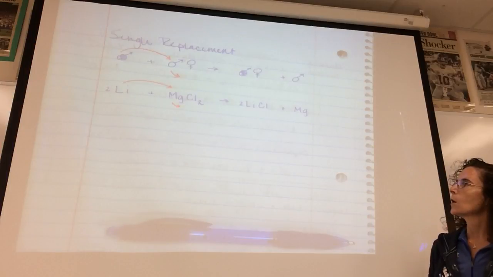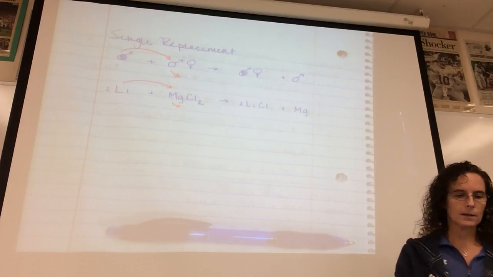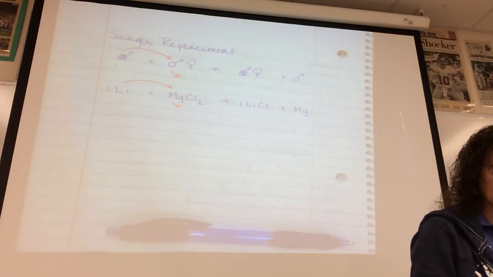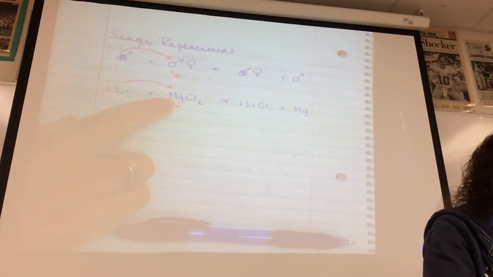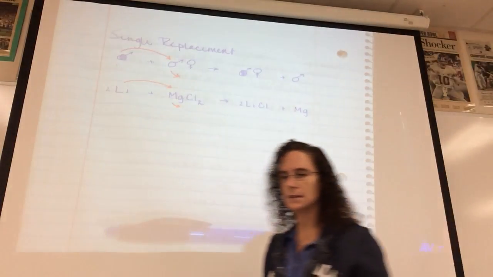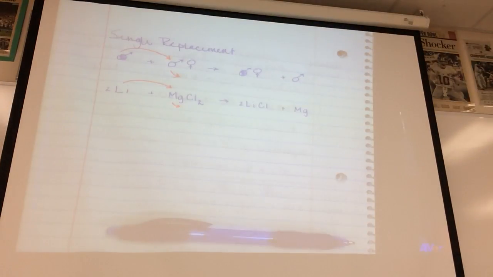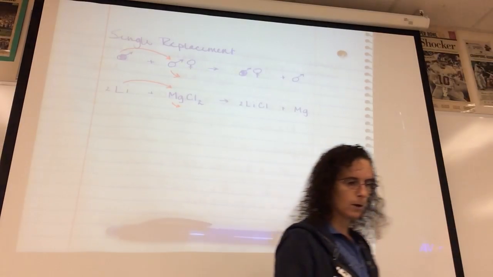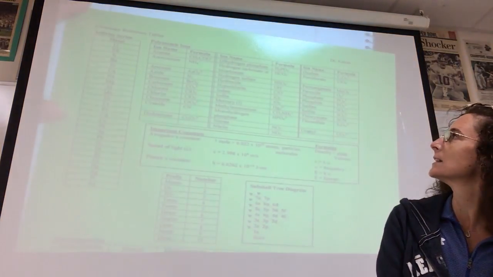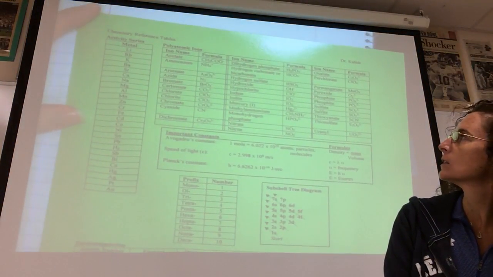The way you determine if this metal is more powerful and stronger than this metallic cation is through an activity series. And this activity series is on the back of your periodic table. That's what an activity series is.